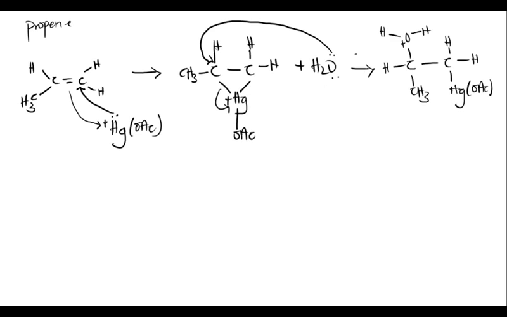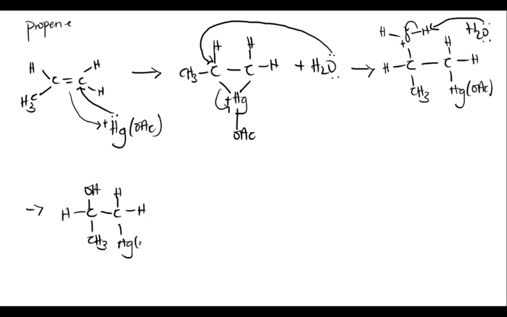Alright, so once we have this, another water molecule will come to pick up a proton, releasing the electrons onto the oxygen over here to form the OH. So from here we get this product. We have the hydrogen, then we have the OH at the top, and we have the CH3 at the bottom, and we have this carbon attached with the hydrogen, and then the acetate mercuric group over here.